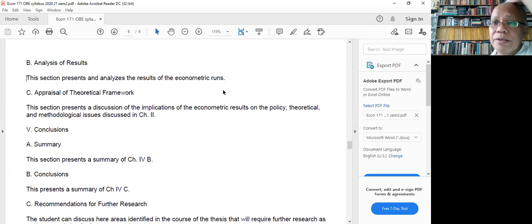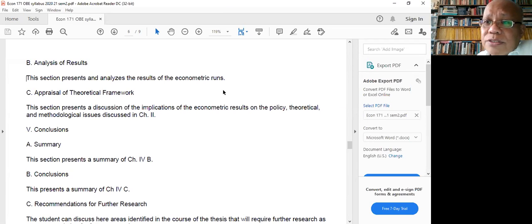So here you present those results, and among other things, you also discuss if you needed to make some changes in your model specification. Let's say you notice there was heteroskedasticity, then what re-specification in the model would be used in order to reduce heteroskedasticity.